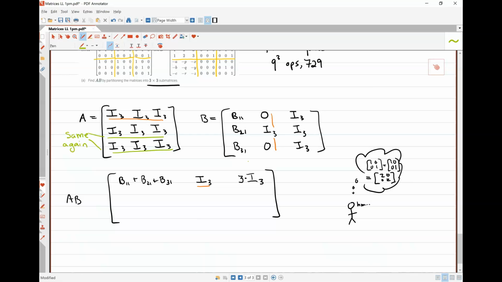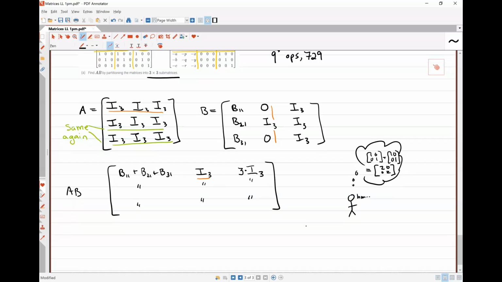Well, we're going to take this second row and do the same thing with the columns. And then we're going to take this third row and do the same thing with these 3 columns. These are all going to be the same. So that's computing these. This is all the stuff that we have to do, right?